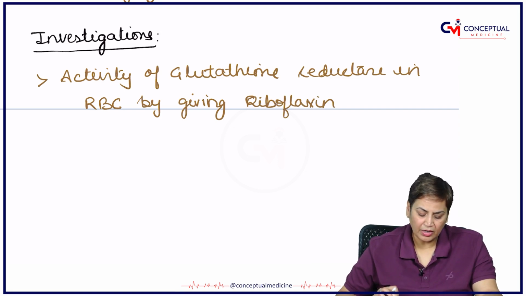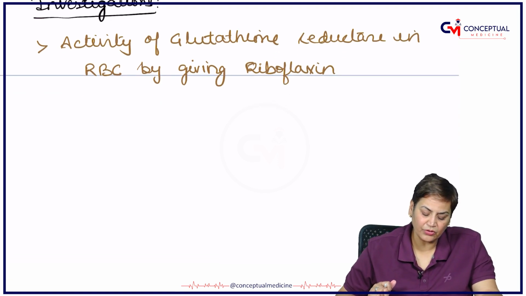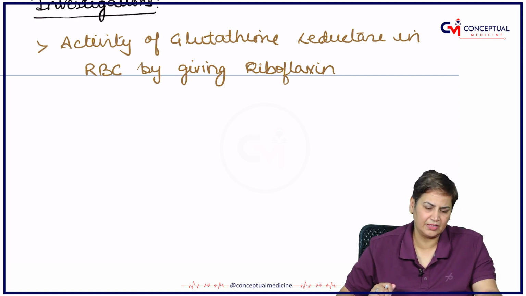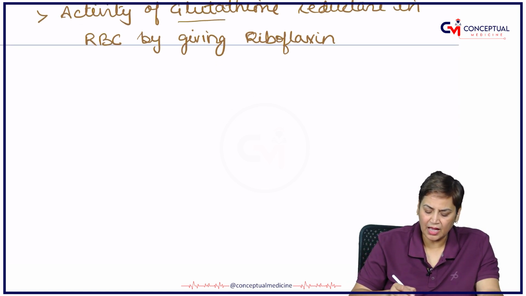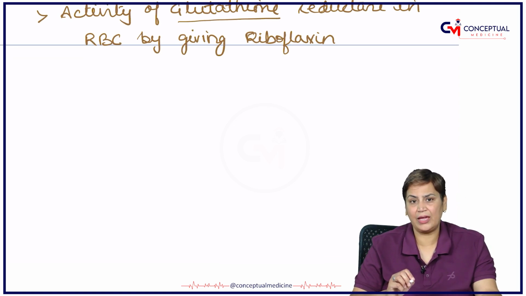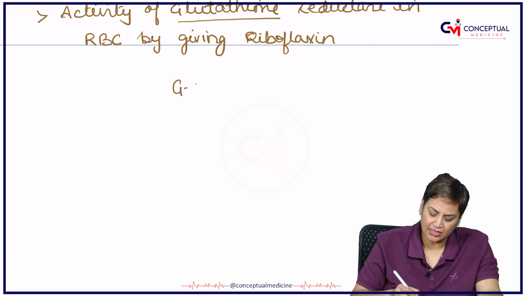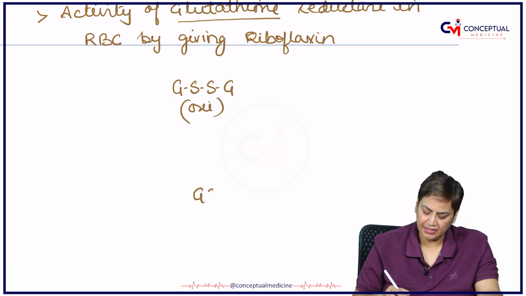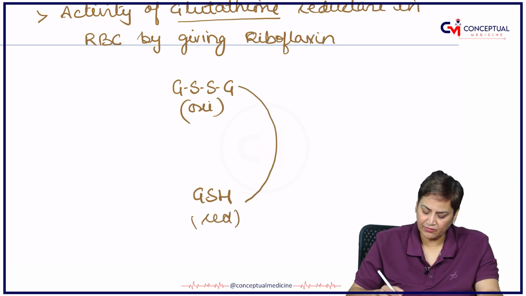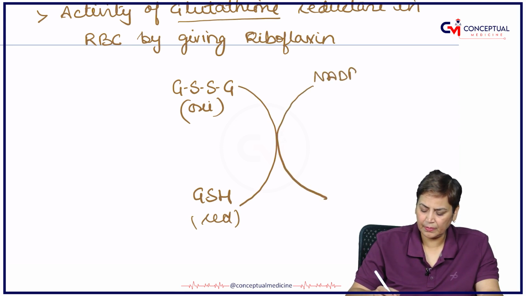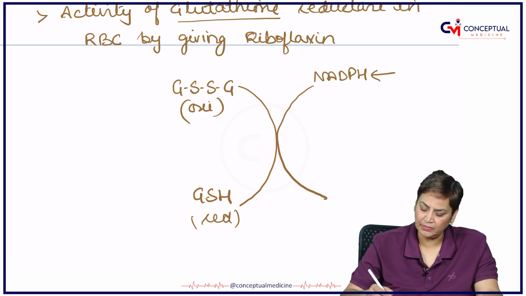Now the question is, what is this glutathione reductase and what role does it have to play in this? Glutathione is a tripeptide and it occurs in two forms, one the oxidized form and the other the reduced form. Glutathione is converted from oxidized to reduced by NADPH, which we get from the HMP shunt.